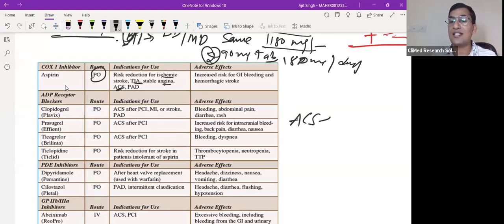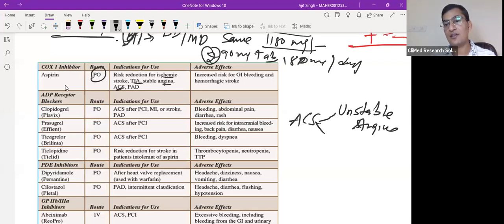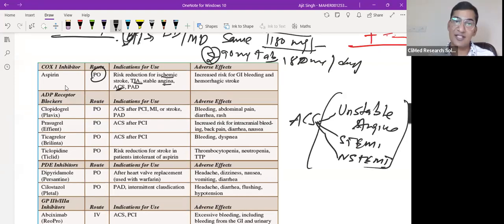When I'm writing ACS, that means either unstable angina, STEMI, or NSTEMI. These all three come under ACS, acute coronary syndrome. Then peripheral arterial disease. The major adverse effect of aspirin at high dose is GI bleeding, and it can also cause hemorrhagic stroke.